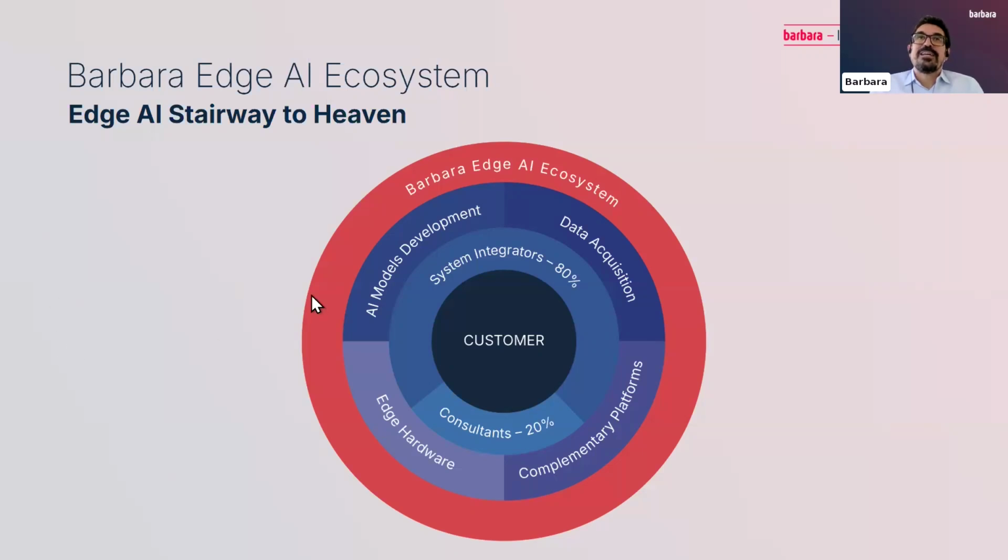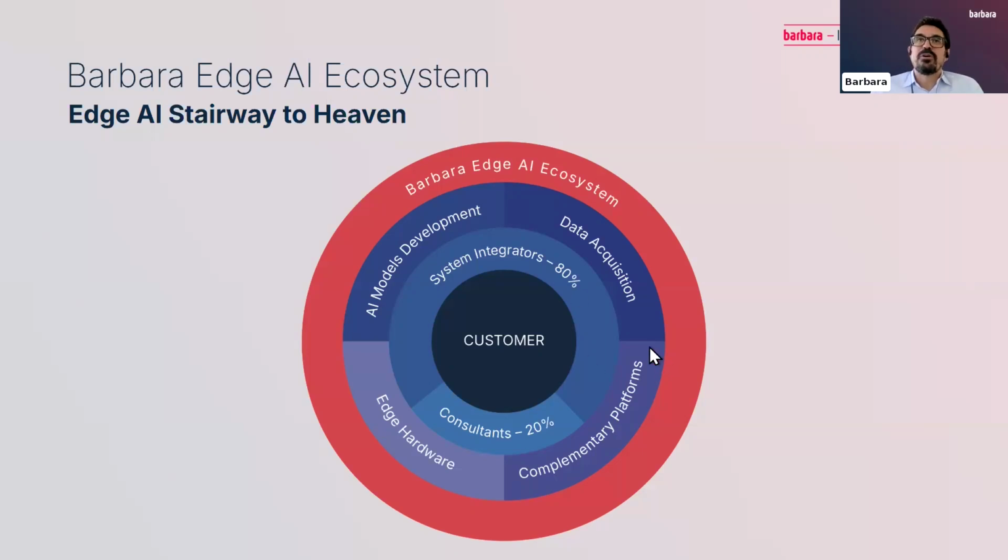Let's say we have the Barbara Edge AI ecosystem, which is basically composed of some partners that develop AI models. In case our customer needs an AI model, we don't develop AI models, but we have partners that do that, and we can help deploy the AI model to the customer. We also have data acquisition tools, solutions and partners that make it possible to get information from any system, any sensor, any SCADA, from everywhere.